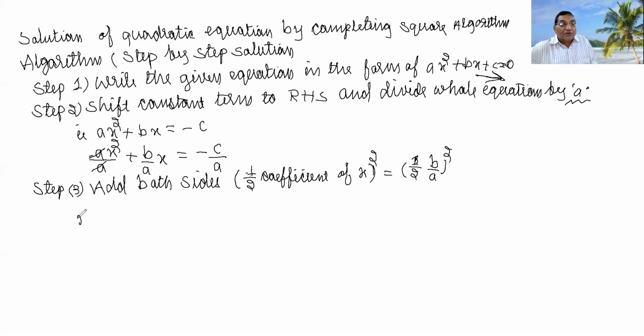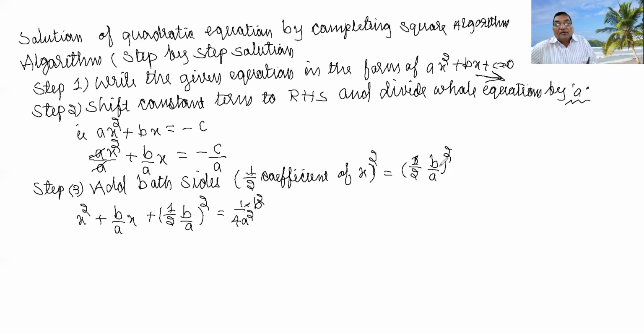Now, this becomes x square plus b upon a x and plus half b upon a bracket square equal to, look here, square it is, means 1 upon 4, this is 2a square, means a square, and into b square.